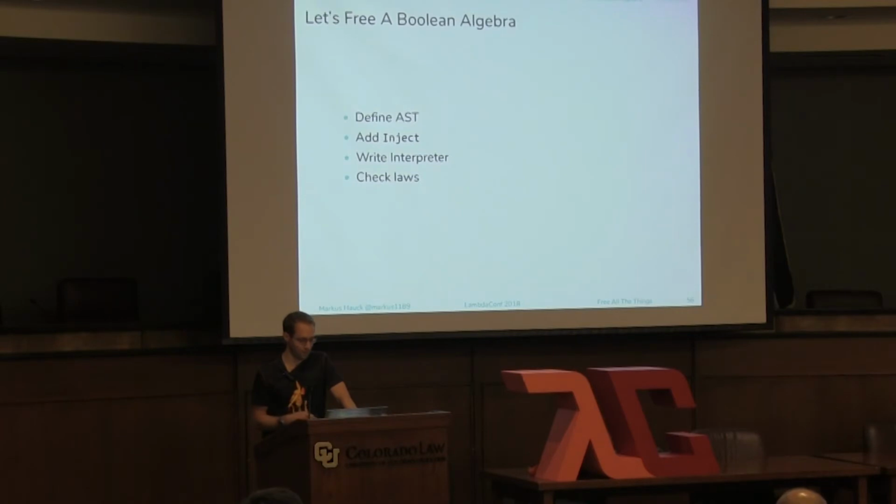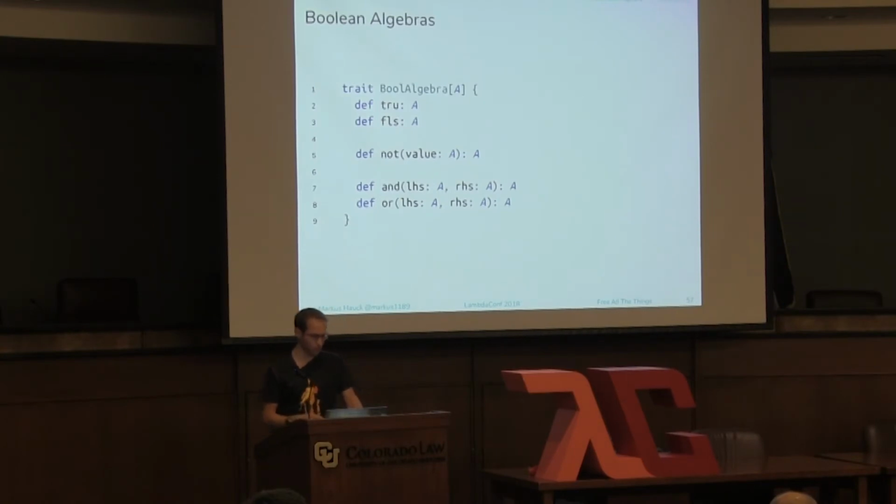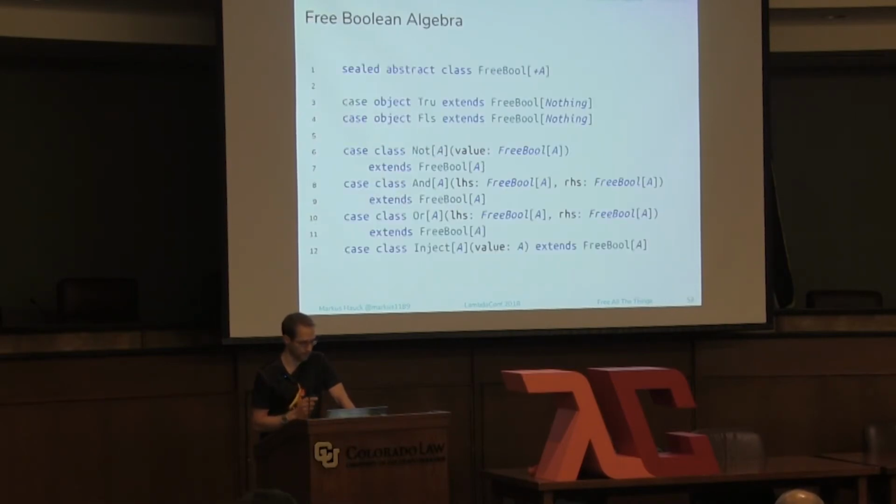We define our AST, we add our inject node, we write our interpreter, and we check the laws. So Boolean algebras are a little bit different than what you normally know. You have the true case, you have the false case, you have not that just represents negation, and you have the and and the or operations. So it's kind of like two monoids fused into one with negation as an addition.